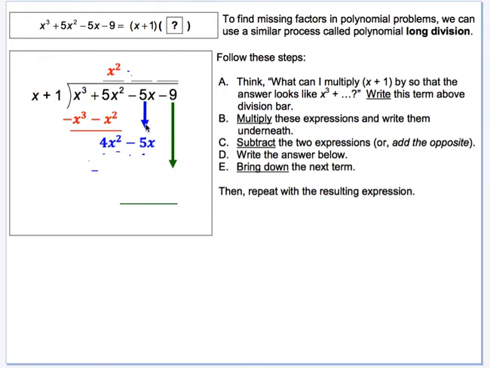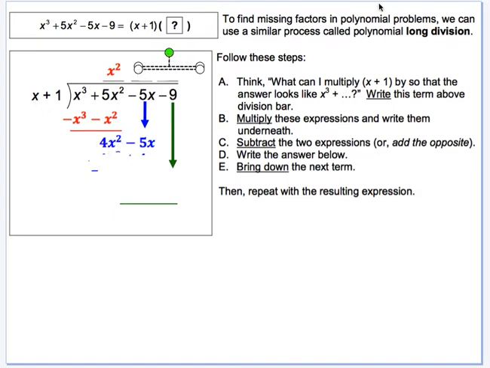You bring down then this next term, negative 5x, okay, and you're going to do the whole process again, okay? So what can you multiply x by to get, instead, we're not just looking up here, we're looking down here. So what can you multiply x by to get 4x squared?